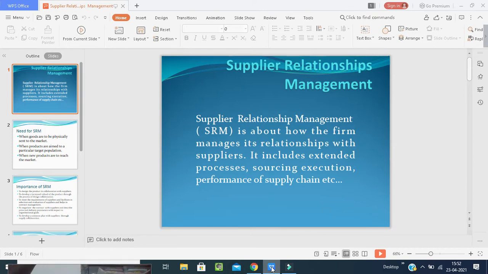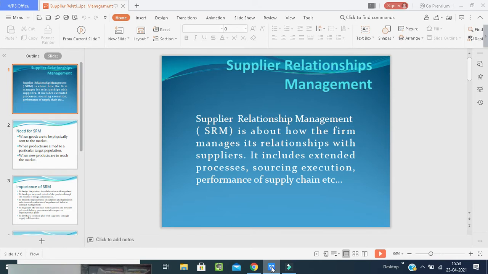In this concept, we have to be very clear. We have to listen and focus on it. Supplier relationship management is the first subtopic in relationship management with suppliers, customers, and employees.